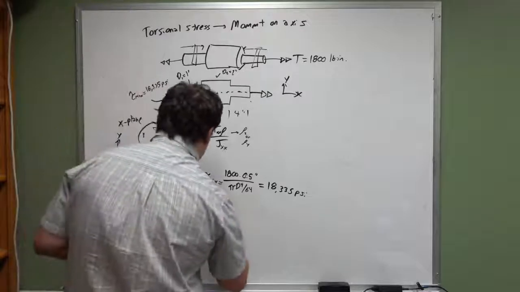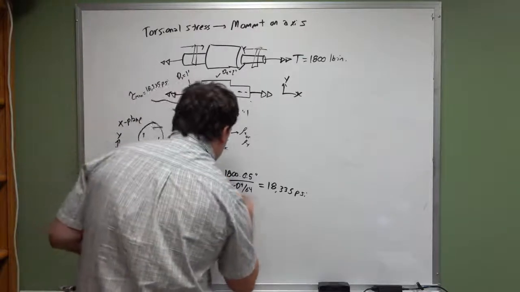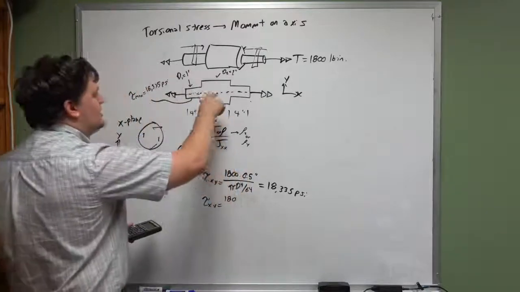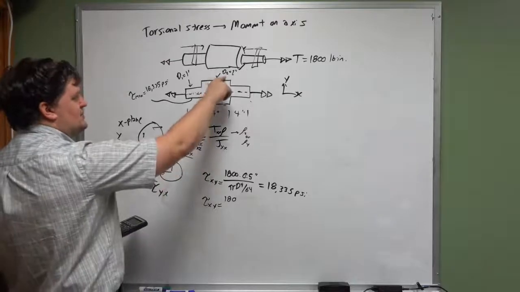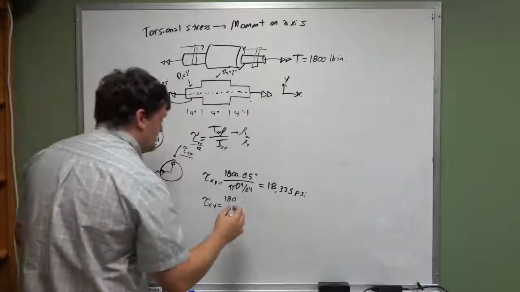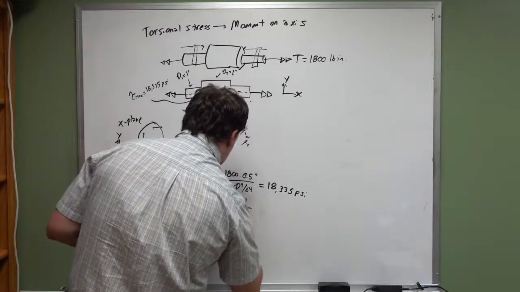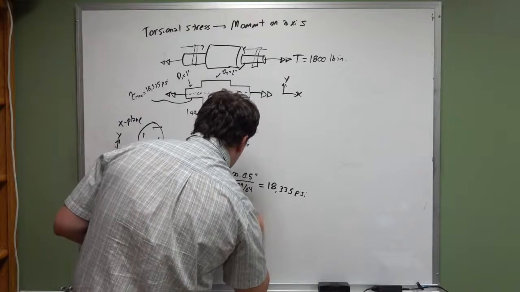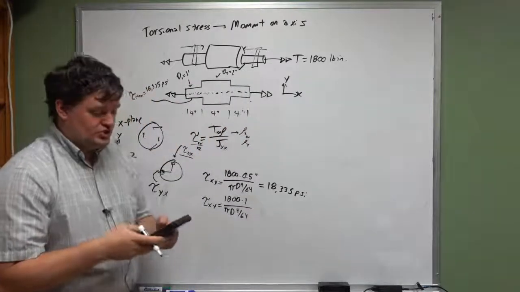Okay, so let's do the same thing. Tau xy is equal to, we're applying 1,800 pound-inches. Here, at this point in the shaft, this is a 2-inch diameter shaft, so the radius is 1 inch. So 1,800 times 1 divided by pi d to the fourth over 64, where now d is 2 inches.